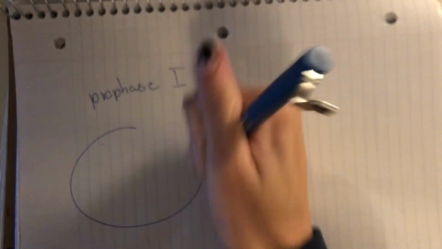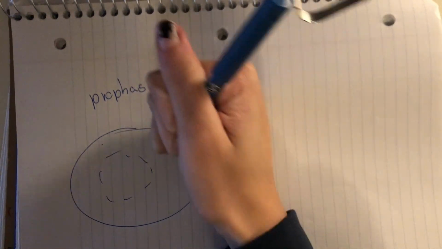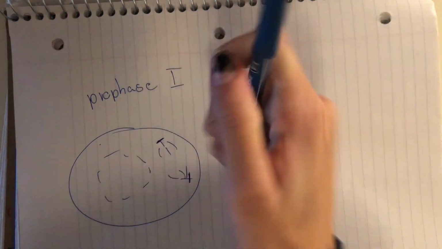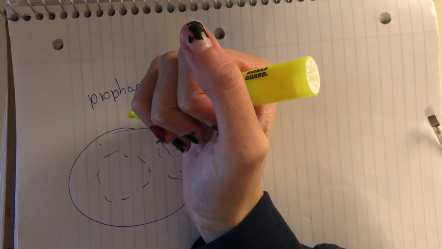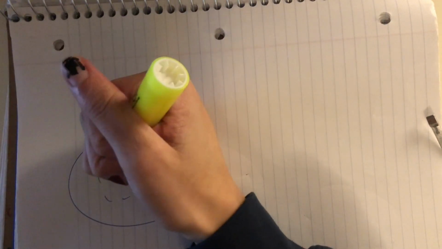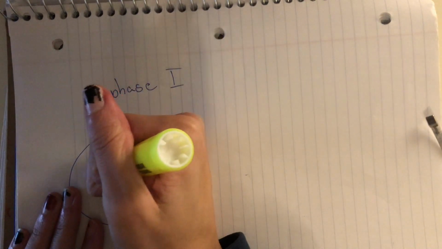During prophase 1 of meiosis, just like prophase of mitosis, the nuclear envelope breaks down and the spindle fibers begin to extend. However, the homologous pairs, and I'm just drawing one, by the way, there's, of course, multiple.